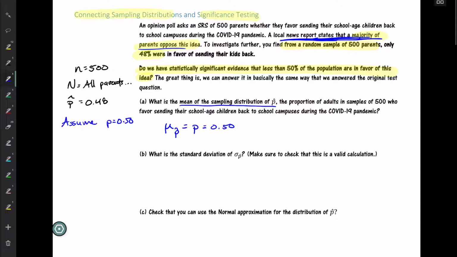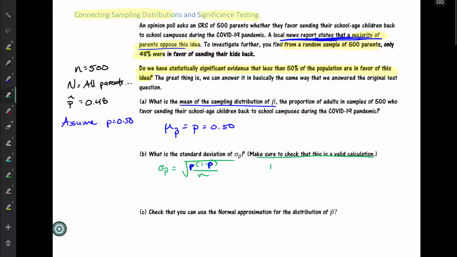The next thing we want to do is know what's the standard deviation of p hat. So sigma sub p hat, you may remember this formula was the square root of p times 1 minus p all over n. We've got almost all of those things. We are going to be using that assumed p, but before we can do this, we do need to make sure that this calculation is going to be valid.